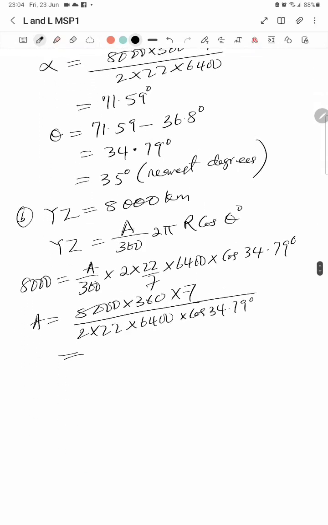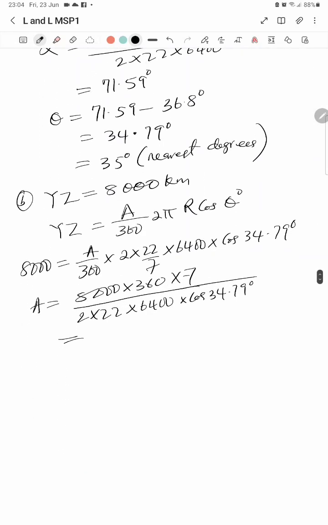From our calculator, our answer is 87.39 degrees.